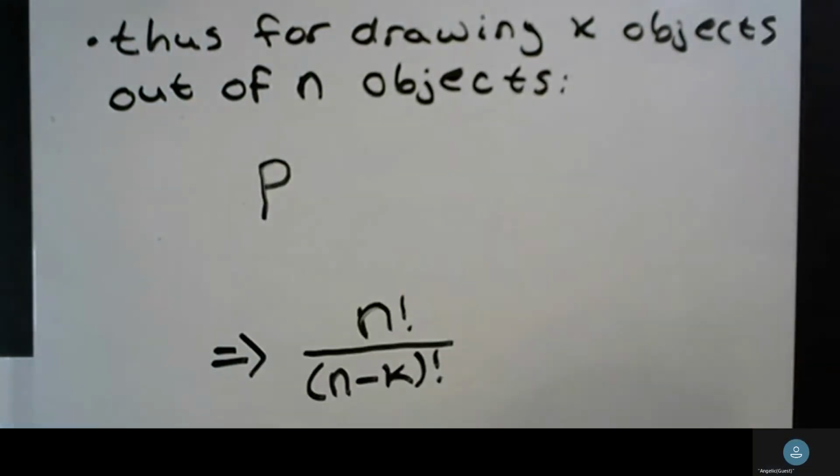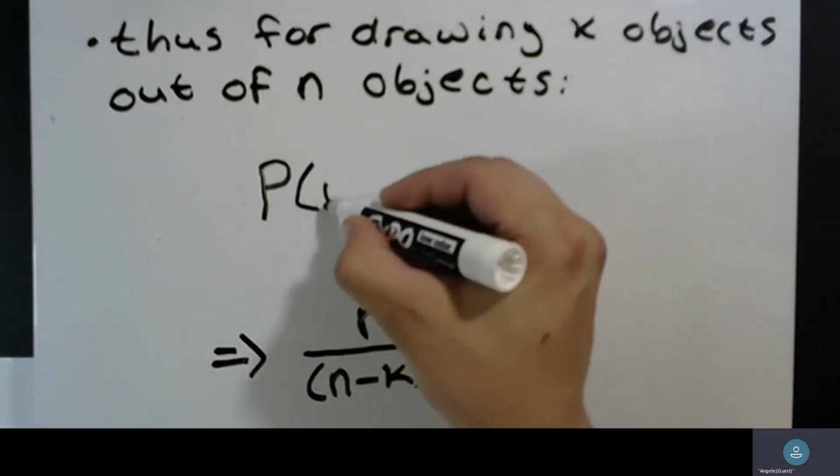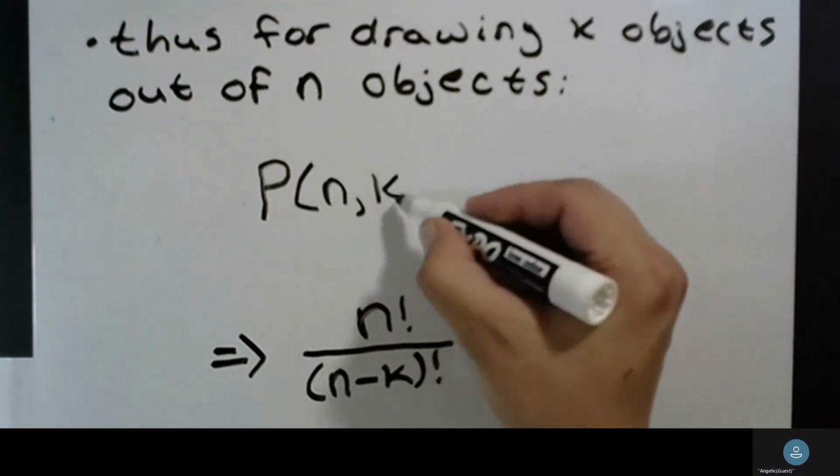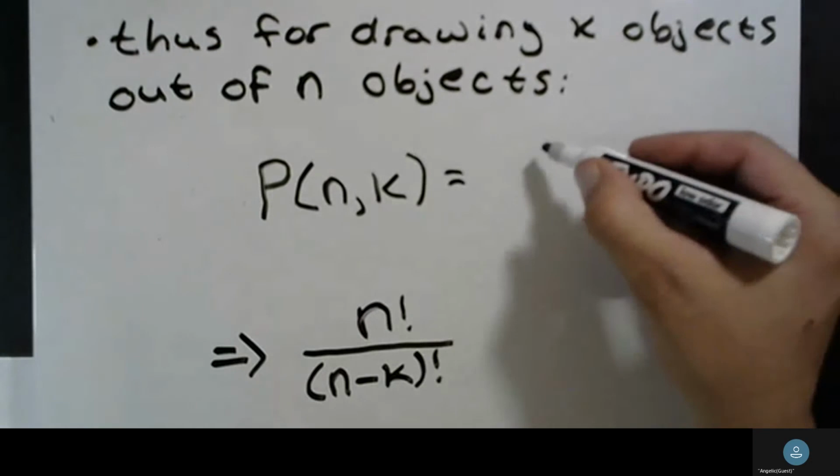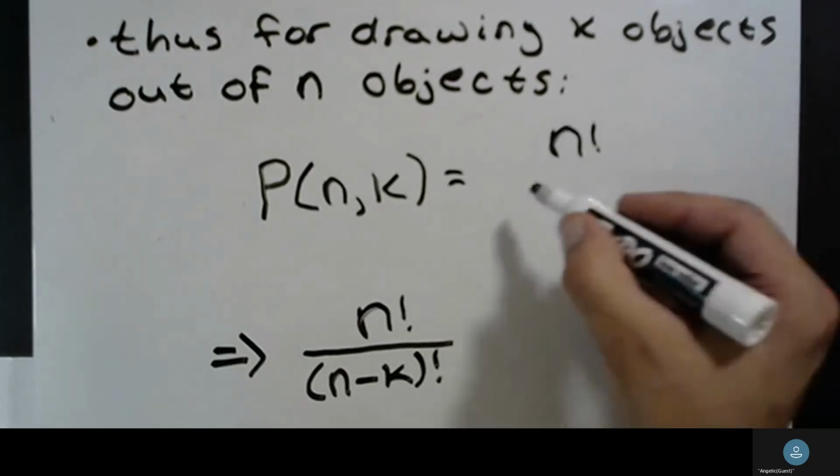So we see the permutation n comma k, or the number of permutations, is going to be this.